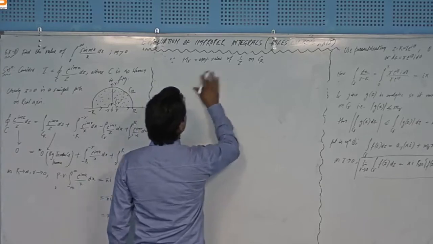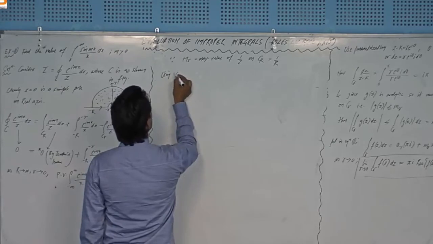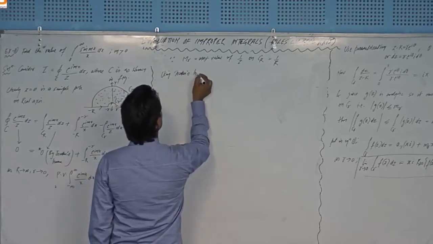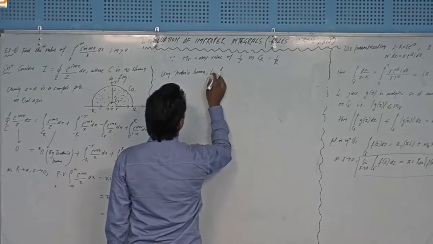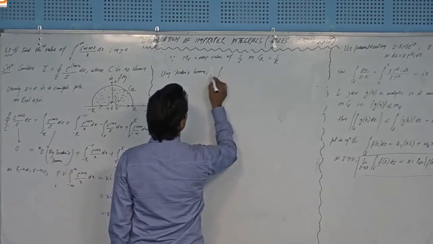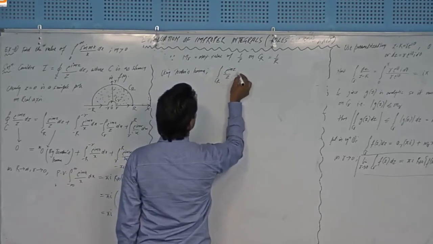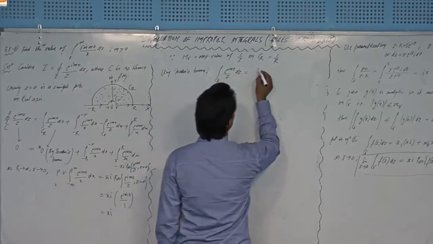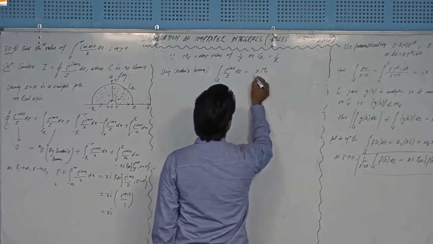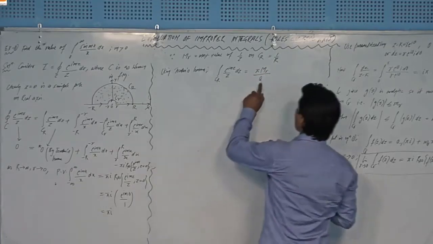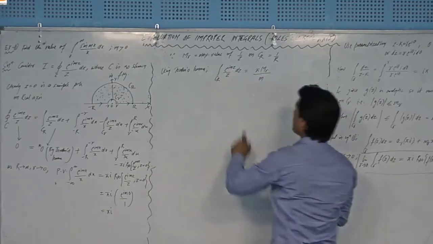Then, using Jordan's lemma, we have that the integral over CR of e to the power iota mz over z dz is bounded by pi multiplied by that maximum value over small a, and this small a is actually the coefficient of iota z, this is m, right?